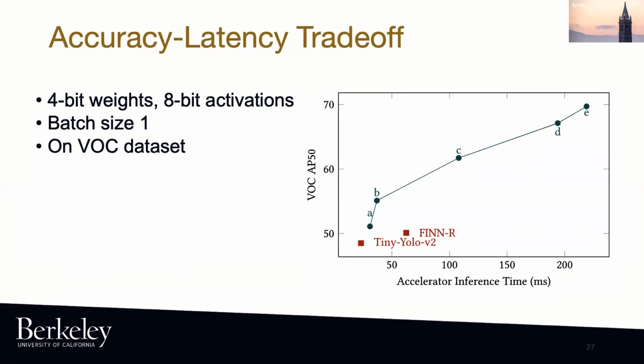And this slide shows the latency-accuracy trade-off for 5 CoDeNet design points on our embedded FPGA running with 4-bit weights and 8-bit activation. The x-axis shows the inference time in milliseconds for an input with batch size equal to 1, and the y-axis represents the AP50 accuracy on the VOC dataset.